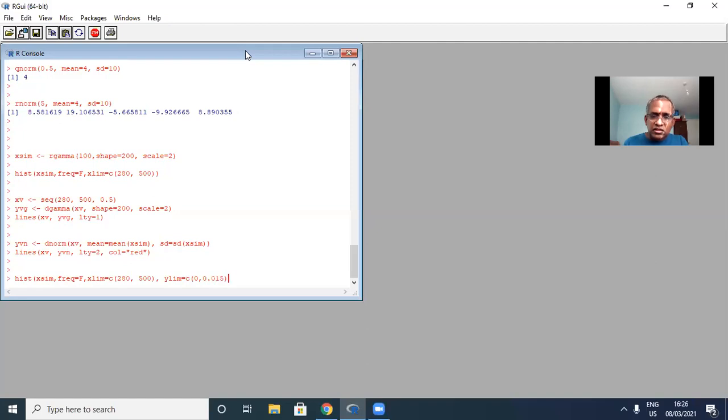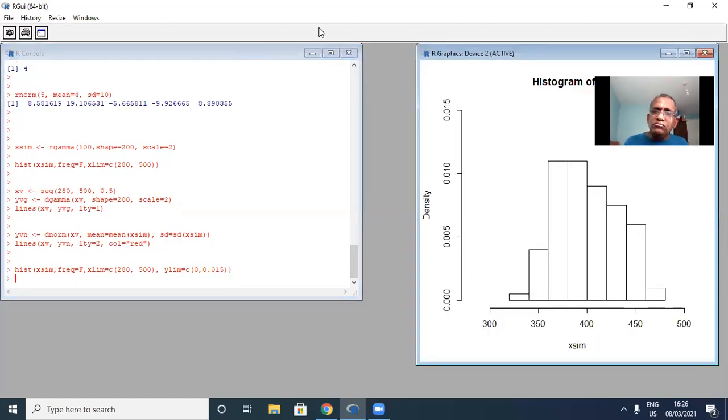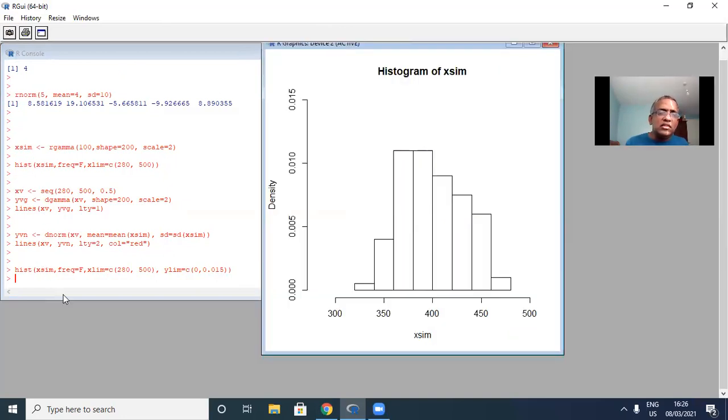Now, if you want to see the whole thing, this is the histogram which I just plotted a minute ago. Now, this time I have given the limits for the x-axis and also the limits for the y-axis. So the limits for the x-axis go from 280 to 500, and the limits for the y-axis go from 0 to 0.015.